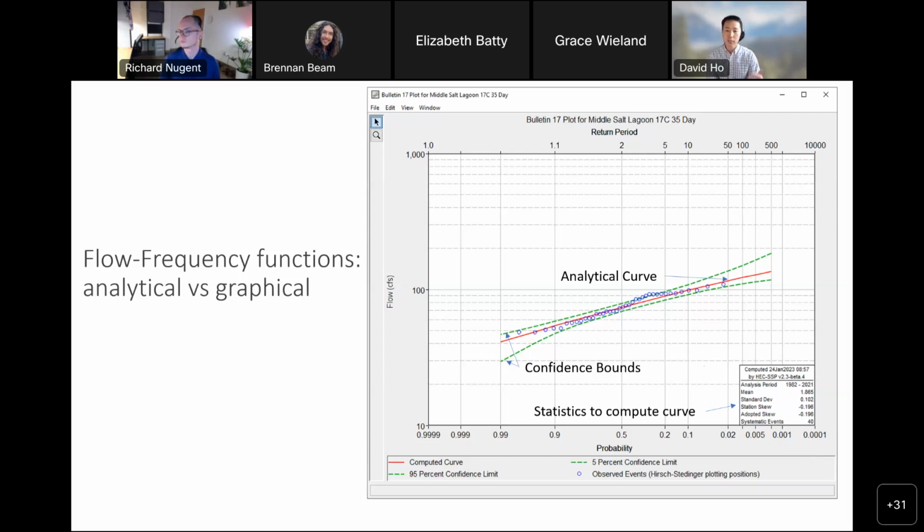I generated this curve from our HEC-SSP software. SSP stands for Statistical Software Package, and one of the main purposes of this software is to compute frequency curves. So if you were to get an analytical frequency curve from an engineer, it most likely came from our SSP software.